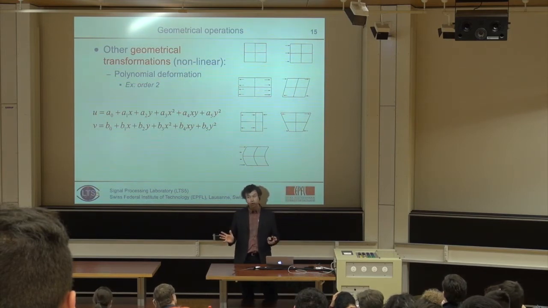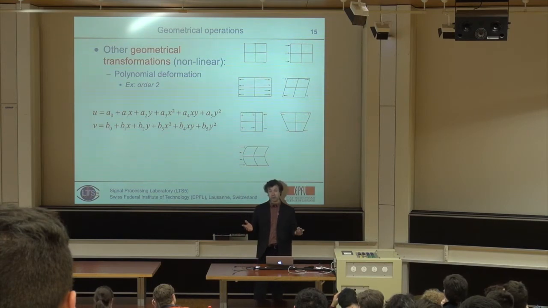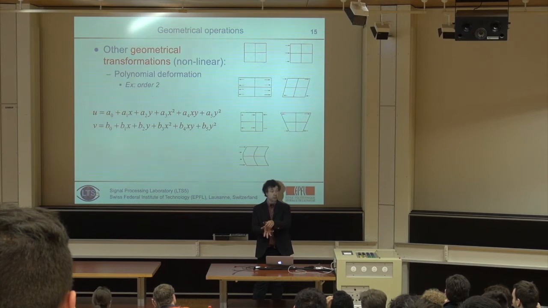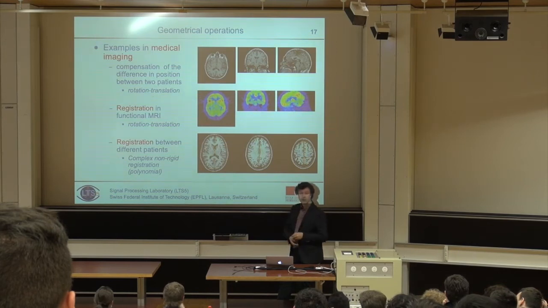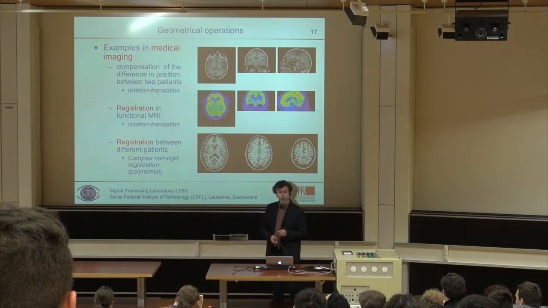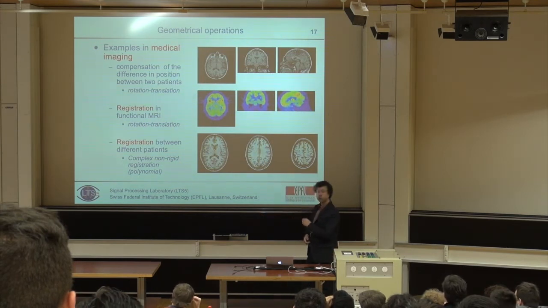Why is it useful? Well, you might want to take an image and find the right deformation of it to match another image. This is, for instance, the case in medical imaging. You take two images of two different people. This is one patient, this is another, in two different modalities. No, this is not true. This is the same patient in two different modalities, MRI and PET scan.